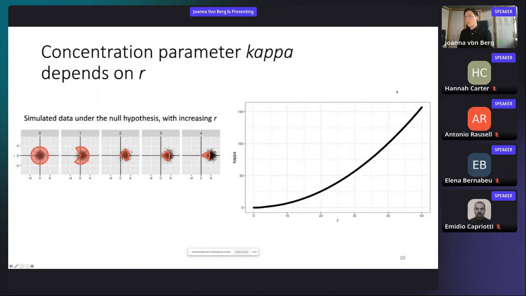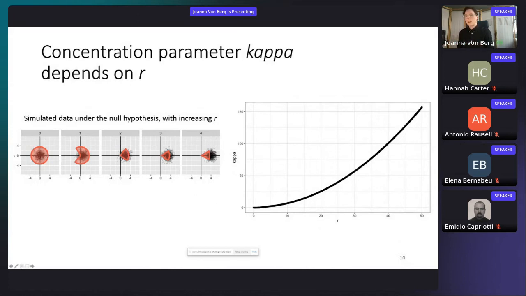But we were thinking about this, and we thought that it might actually depend on the distance, because this concentration parameter basically tells us how spread out the data is. And remember, the data that we're looking at is angles.